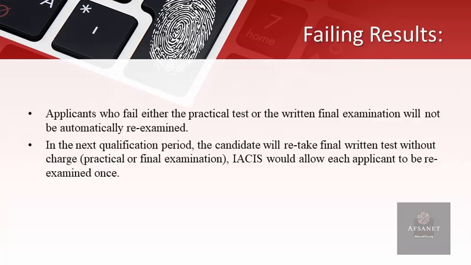Applicants who fail either the practical test or the written final examination will not be automatically re-examined. In the next qualification period, the candidate will retake the final written test without charge, and IACIS would allow each applicant to be re-examined once.